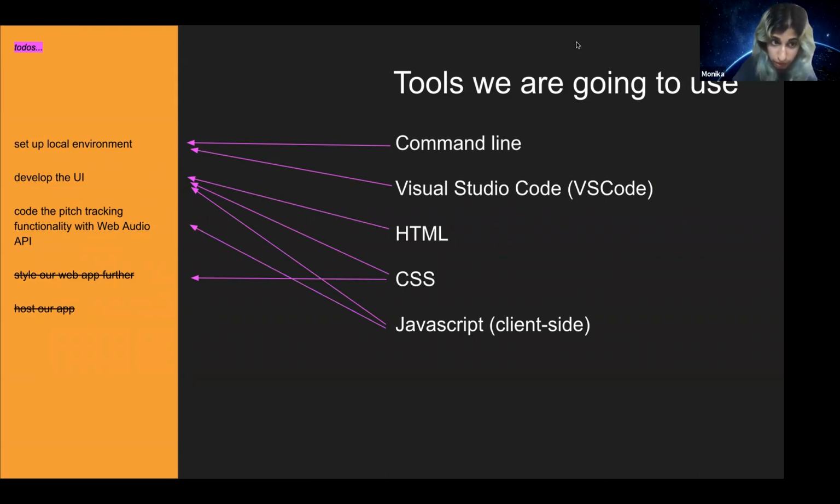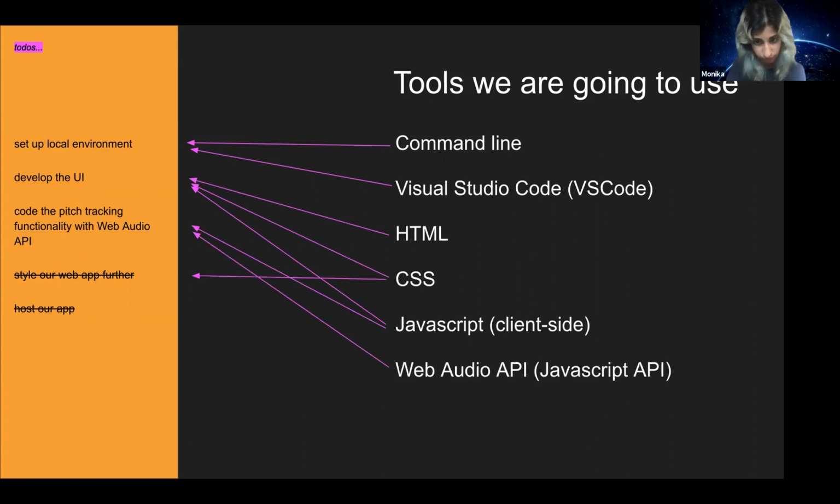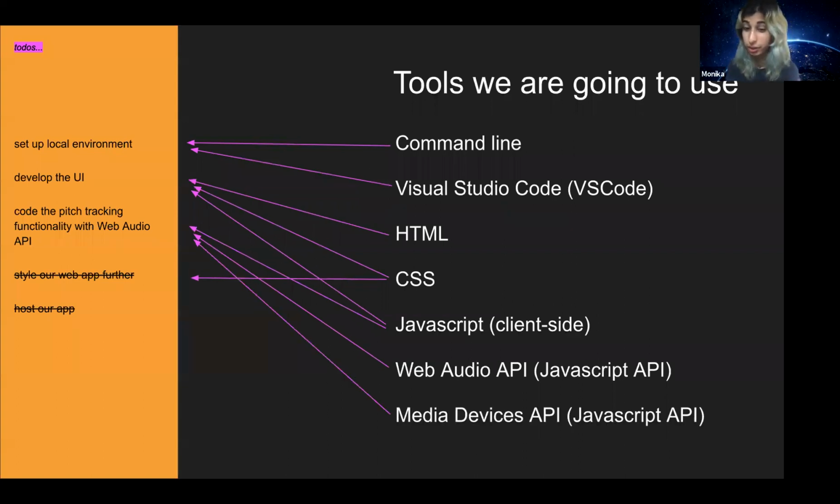JavaScript to develop the UI, doing event listening on buttons for user input, and also for the actual coding of the pitch tracking functionality. And we're going to be using the Web Audio API, as I've said, as well as another API called the Media Devices API. We'll be using this to access our microphone on our computer.